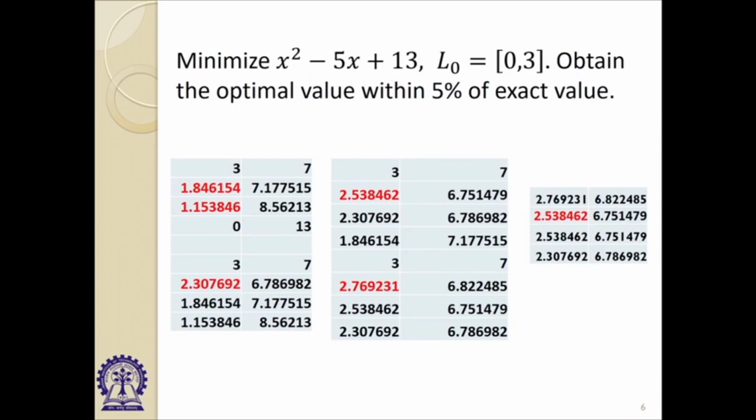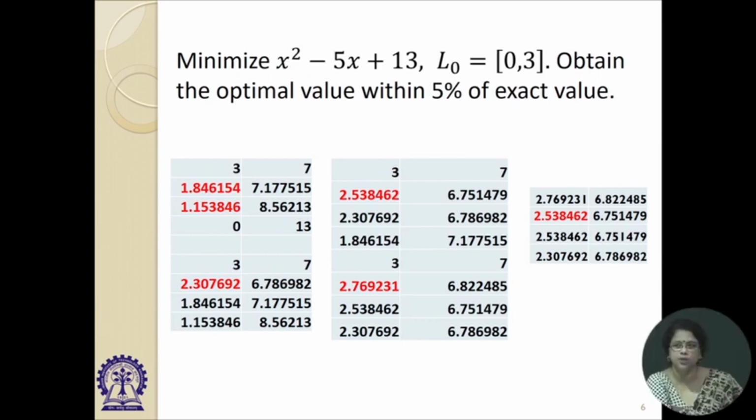This was 3, this was the new x3, this was x2, this was x1. And what is the trend? The trend is that here are the higher values. Since there is only one mode, at least we are sure the minimum cannot lie here. We will discard this interval, 1.15 to 1.84. The new interval of uncertainty would be 3 to 1.846154.